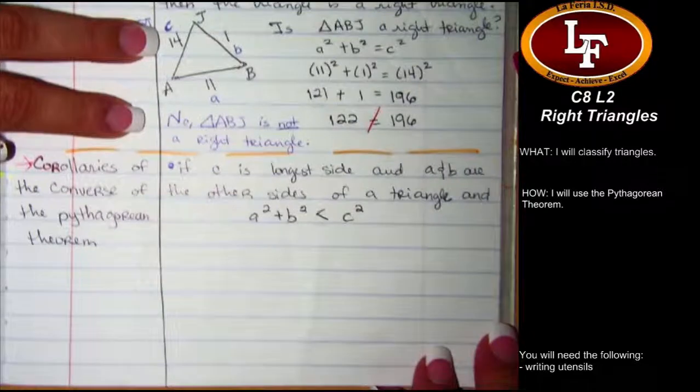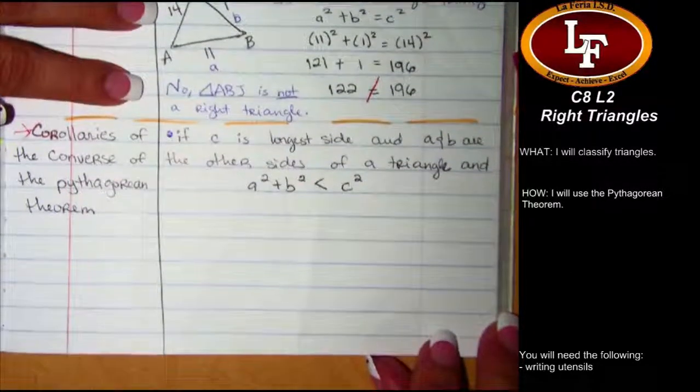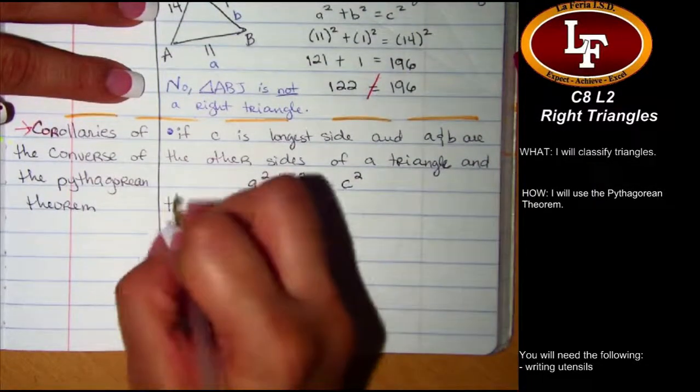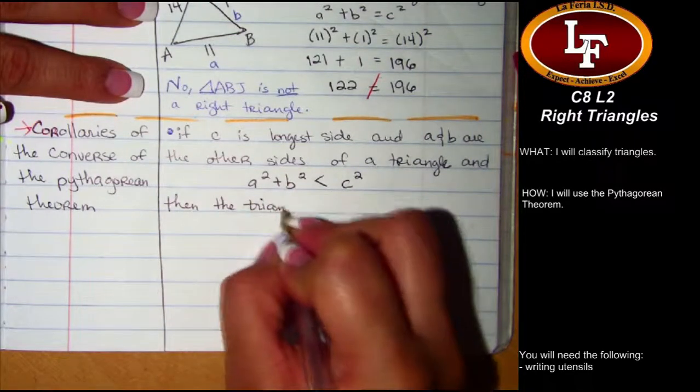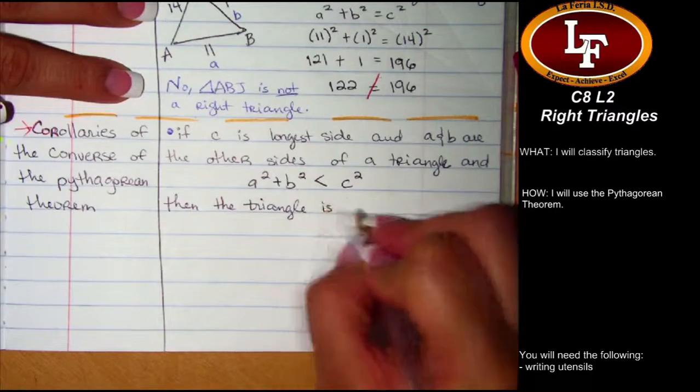Not equal to this time. But if it's less than, then the triangle is not a right triangle, but is actually an obtuse triangle.